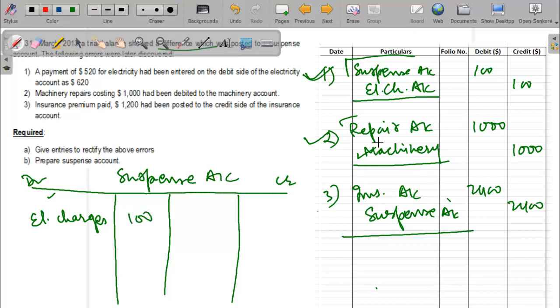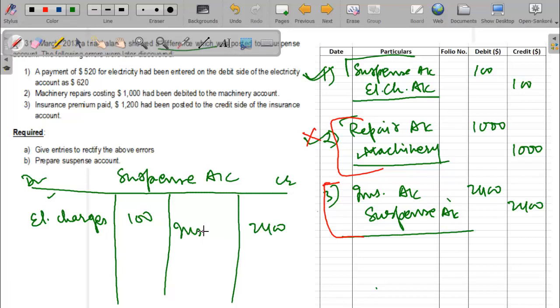In the second entry there is no suspense account, so leave this entry. In the third entry, the suspense account is credited. So on its credit side I will write 2400 and insurance.